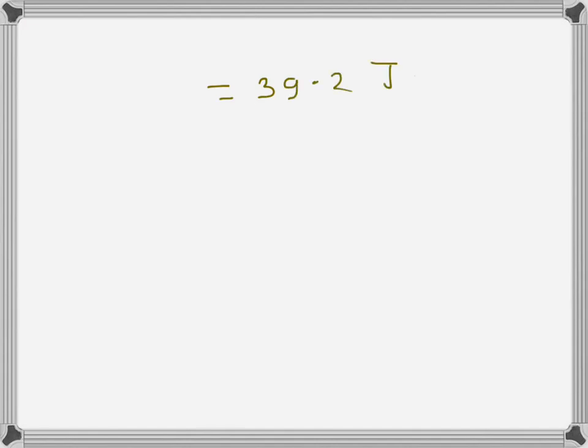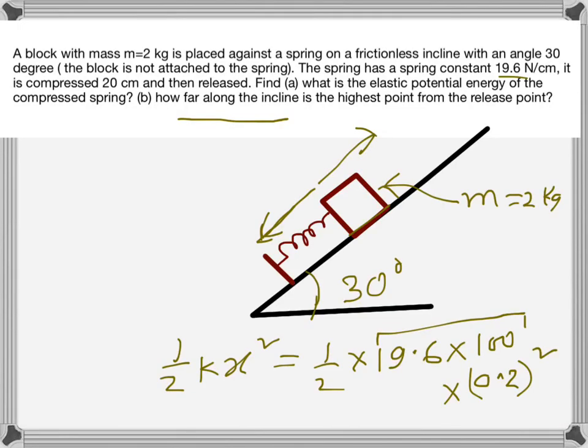Now when the spring is released, this potential energy is transferred into the block as kinetic energy, and with that kinetic energy it will have a velocity and it will go upwards, and it will stop ultimately because it is going uphill against an inclined slope.